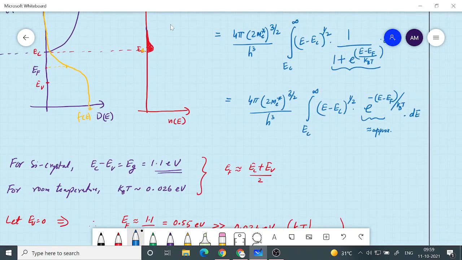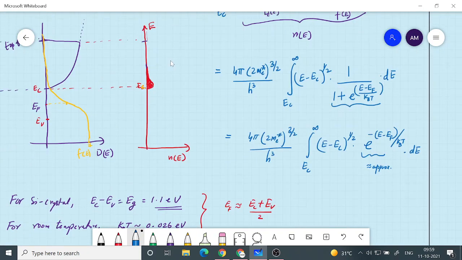So this is how you see the electrons are distributed in the conduction band, according to this red curve.